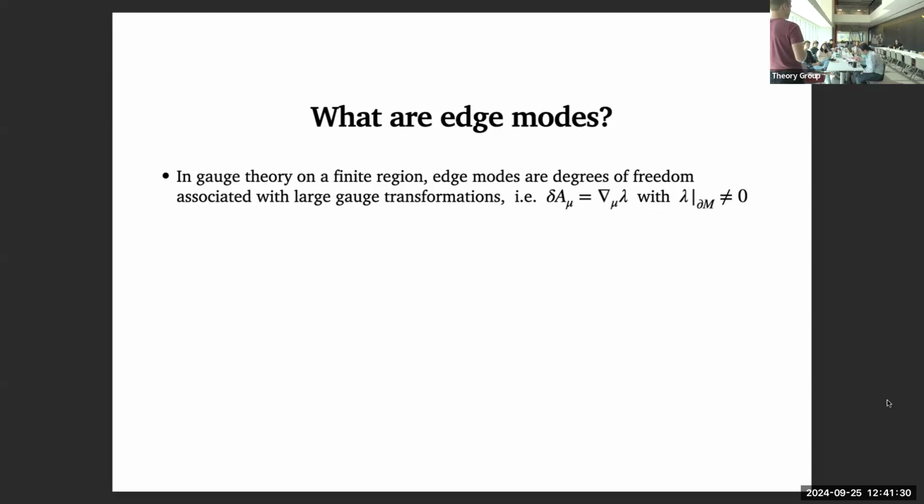They correspond to symplectically trivial directions. They get quotiented out of phase space, but depending on your boundary condition, the gauge transformations that are supported on the boundary are physical, and they also end up being symplectically conjugate to the electric flux through the boundary.